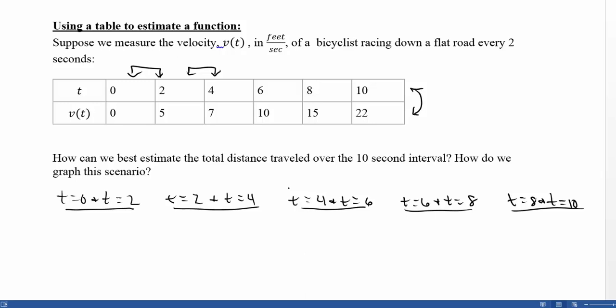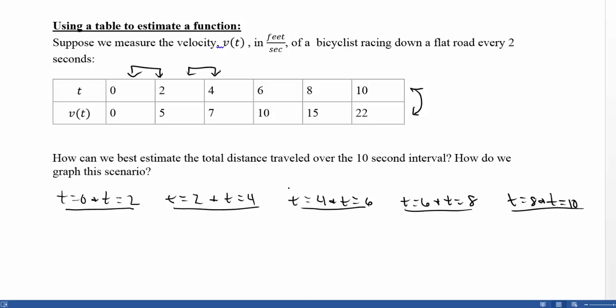That's really important. Now remember, if our rate was constant, we could do rate times time. Now we said that the rate was not constant. However, what we can do is take each 2-second interval and fix the rate just for that 2 seconds. But we have to do it in a way that's methodical.